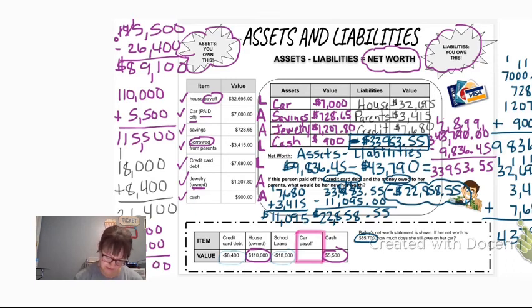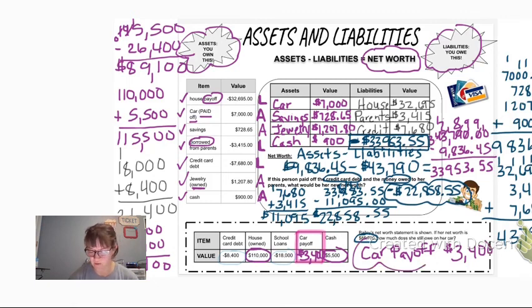I can't do 1 minus 7. 11 minus 7, 8 minus 5, and 8 minus 8. So her car payoff amount must be $3,400. Because that would bring it down to what this actually says her net worth is.